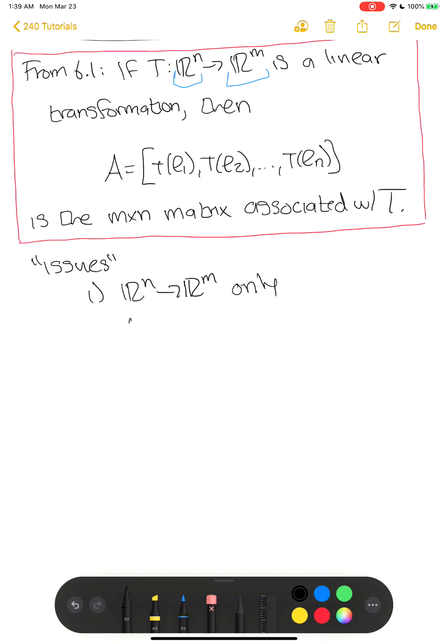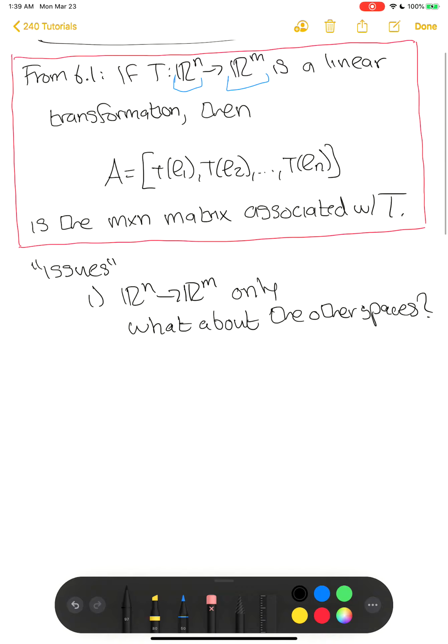So what about the other spaces that we've been working with in this course? Why can't we go from polynomials? What about vectors with complex entries, stuff like that? This is one of the first things that should bother you a little bit about this definition.